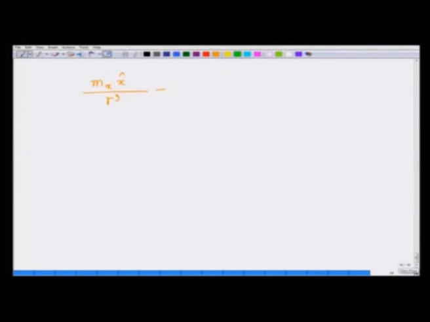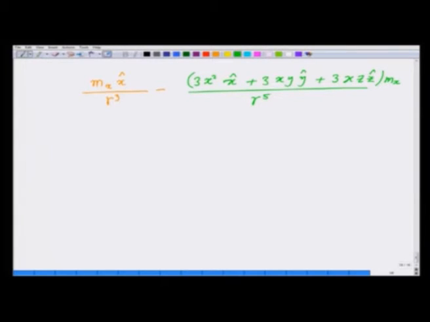I am getting 3 x square x unit vector plus 3 x y y unit vector plus 3 x z z unit vector over r raised to 5, times this whole thing is mx.